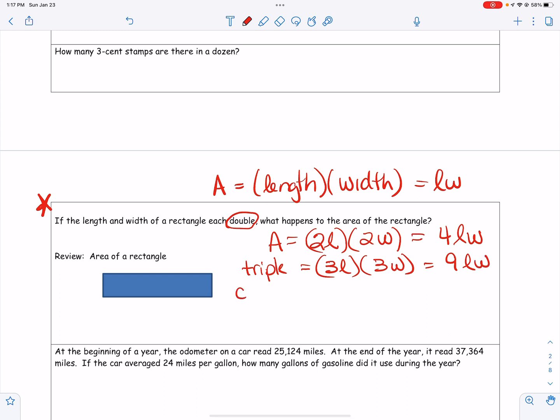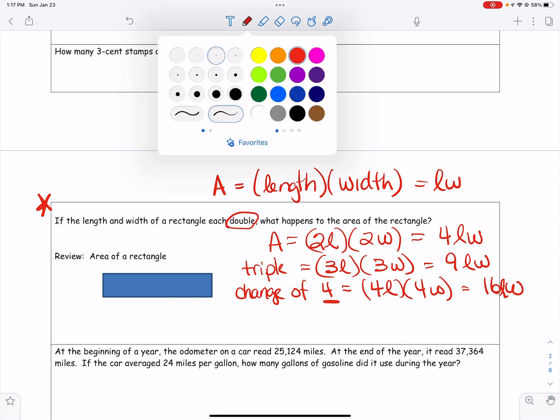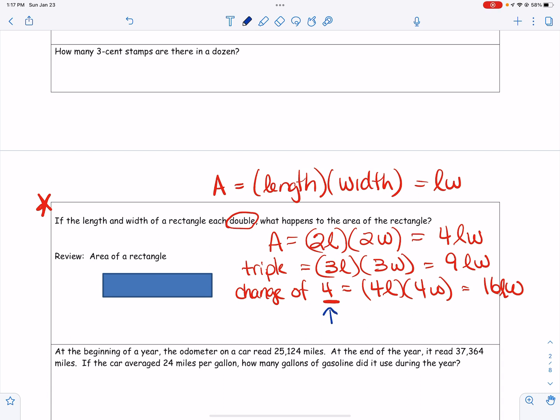If you are changing by a factor of 4, then you would have 4L times 4W, which would be changing your area, whoops, I forgot my W, by 16. So basically, whatever this number is right here, then you are going to take that number times itself.